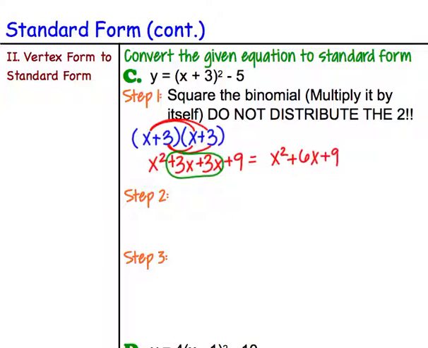And then I'm going to rewrite my equation now. I now have y equals x squared plus 6x plus 9 minus 5.